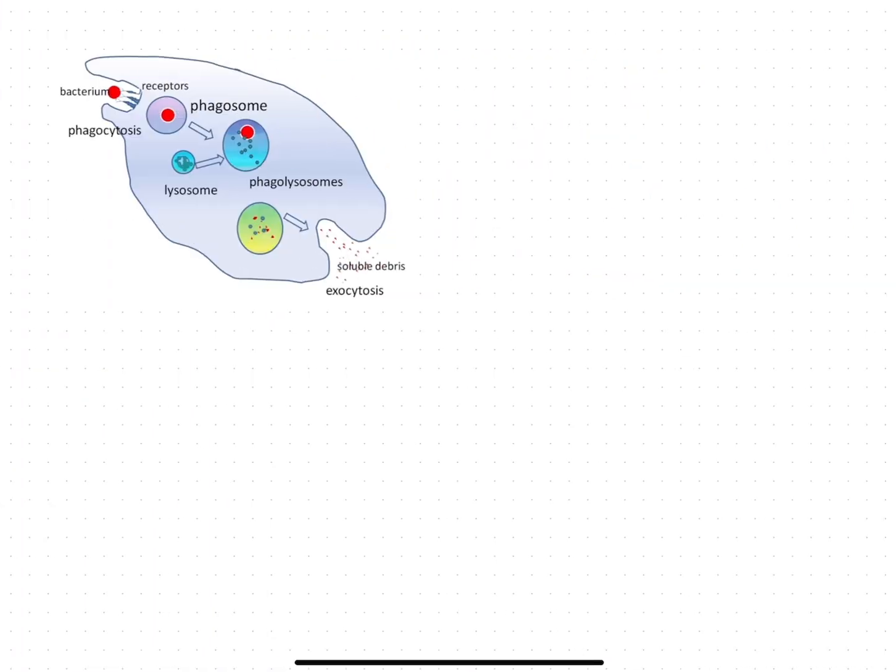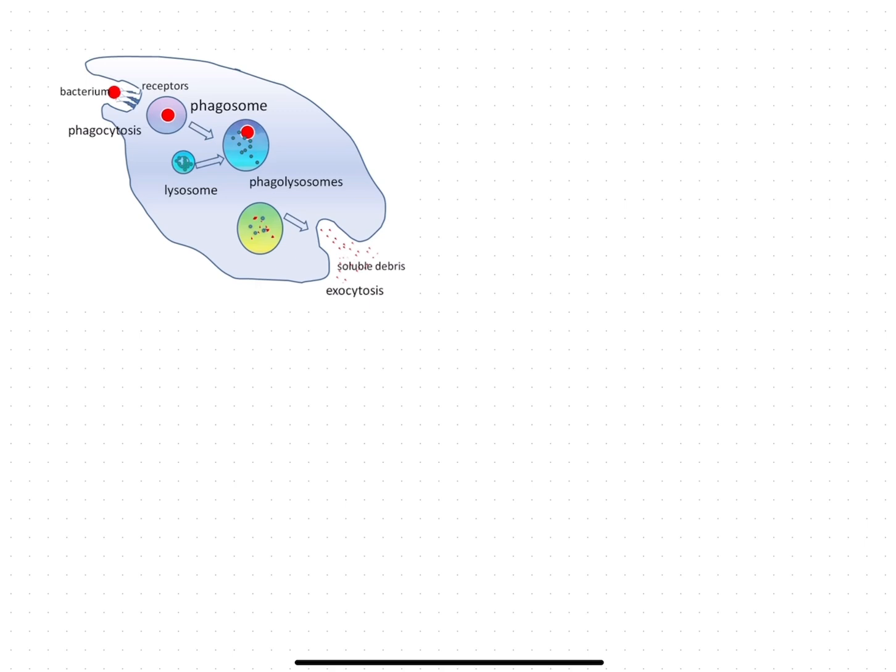Now we are going to briefly mention this little thing that I forgot the name of. Oh, it's a phagolysosome. The important thing about phagolysosomes is that once you phagocytize a bacteria, great, you have a bacteria in you. Now what?